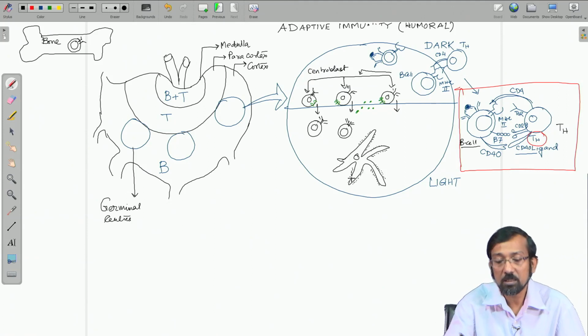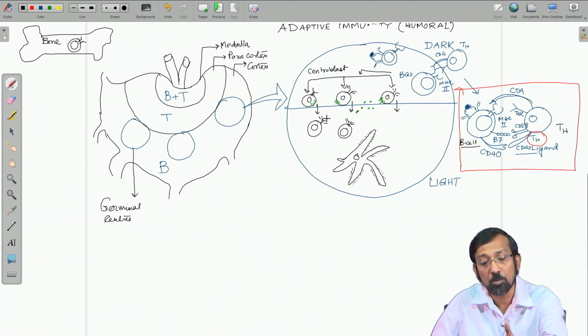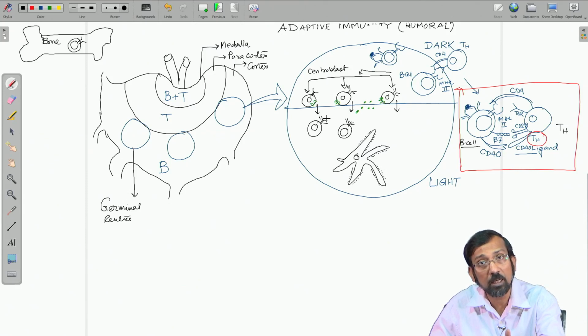Now, these centrocytes, which were the centroblasts previously, after the somatic hypermutation and expression of the cytokine chemokine receptors on their surface, have migrated to the light zone. They are now known as the centrocytes.